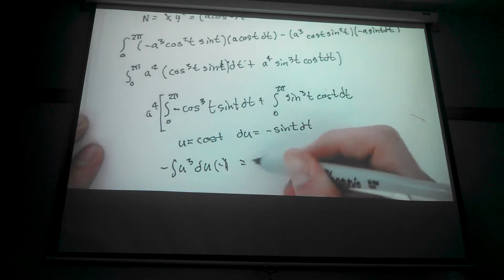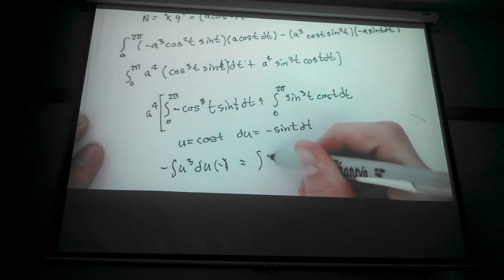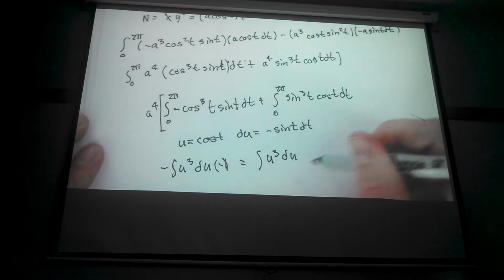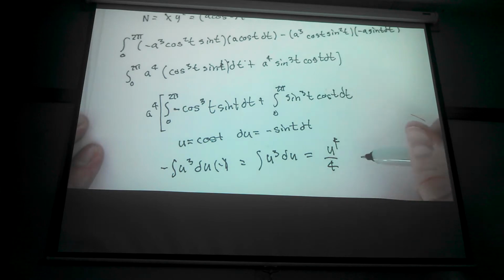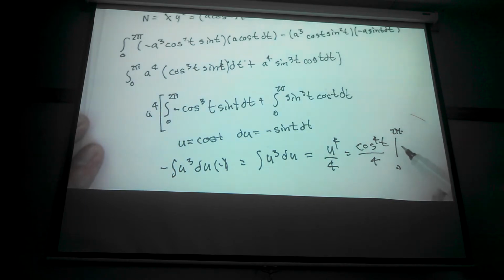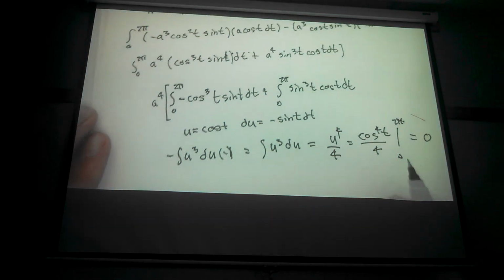There's already a negative there, so the negatives take each other out, and this just becomes u to the fourth over 4. Plugging back what u is, it's cosine to the fourth of t over 4 from 2 pi to 0. Well, cosine of 2 pi is the same as cosine of 0, which is 1, so we're subtracting them, and this just becomes 0. That was just the first part.